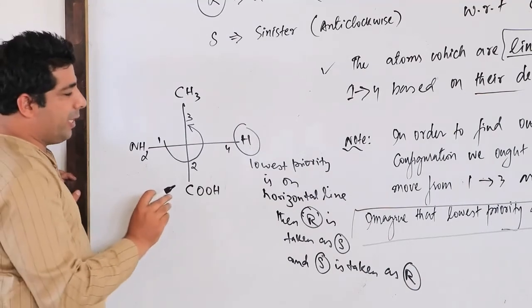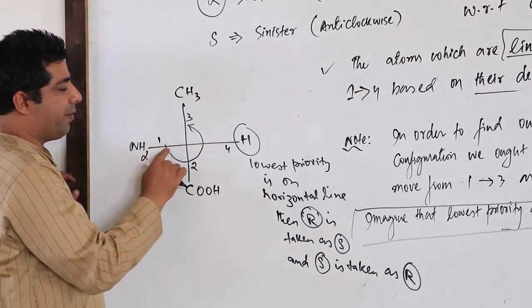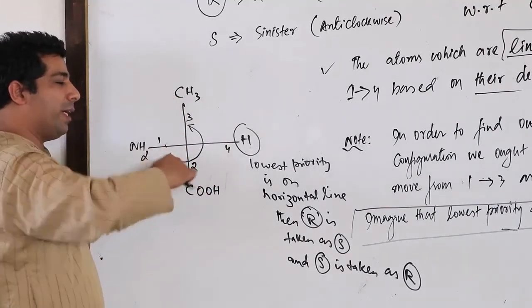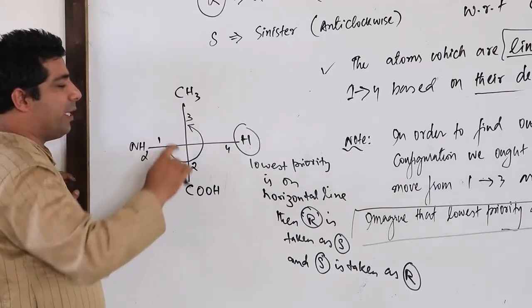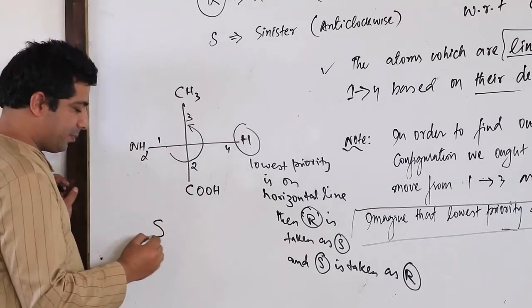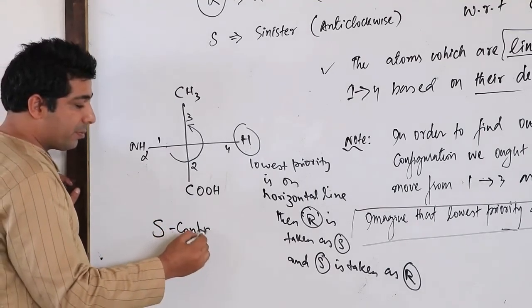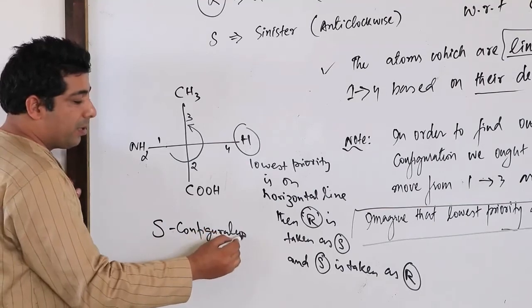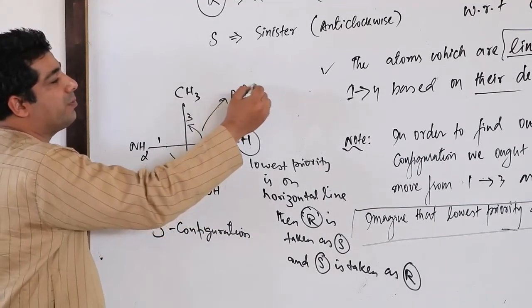So what happens actually? You are moving from 1 to 3, but if you see here, my dear friends, you are moving anti-clockwise. So rotation is anti-clockwise. So anti-clockwise basically means S. So you are getting here S. Correct? So you got the S configuration, because this arrow means anti-clockwise. This is anti-clockwise arrow.